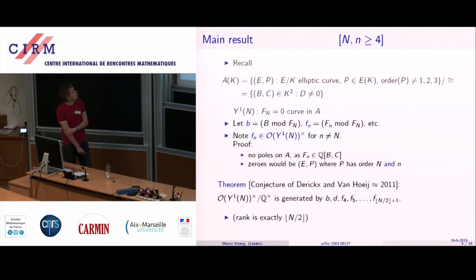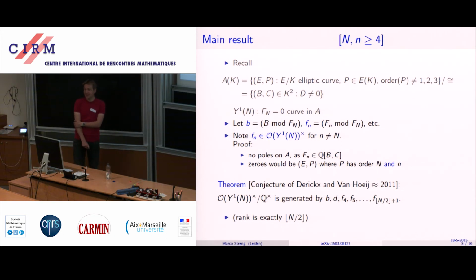So there are no poles in the affine plane, hence no poles on A. And if there is a 0, that would correspond to a pair E, P, some pair of an elliptic curve and a point, where that point has order N because it's a point on the curve, and it has order n for the different n, since it is a zero of this function f_n. Now, of course, the order cannot be both N and n.